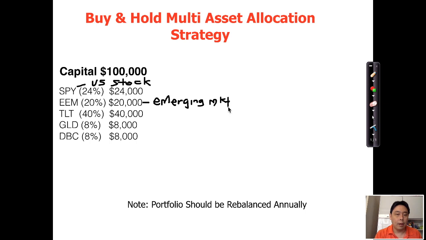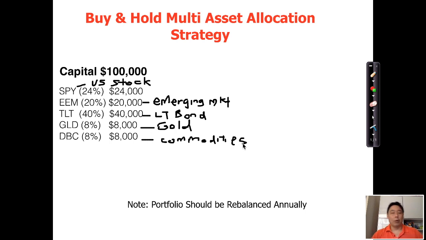This represents long-term treasury bonds, 20-year treasury bonds issued by the US government. This is gold, represents the gold asset. And DBC will be commodities. And again, you can review this in my previous video when I talked about the different kinds of commodities. Excuse my handwriting. It's not easy to write with this, right?